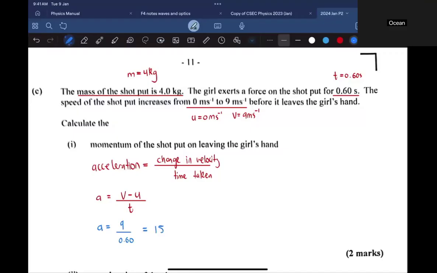Right, and what's the unit for acceleration? Meters per second squared, so that'll be m s^-2. You can write it as m s^-2 or meters per second squared, however you see fit.